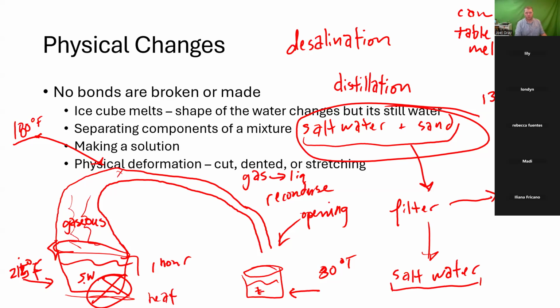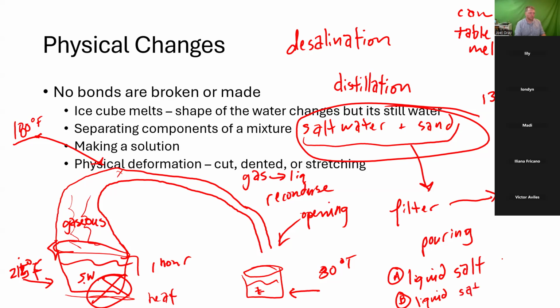So my question for you guys is, what would you rather have poured on your hand? Is pouring liquid salt the same as pouring liquid salt water?